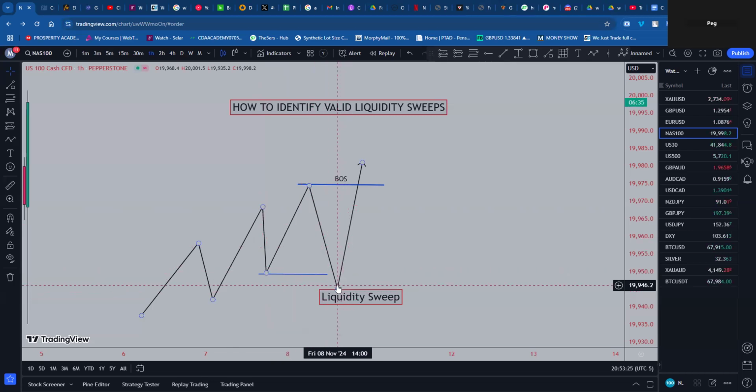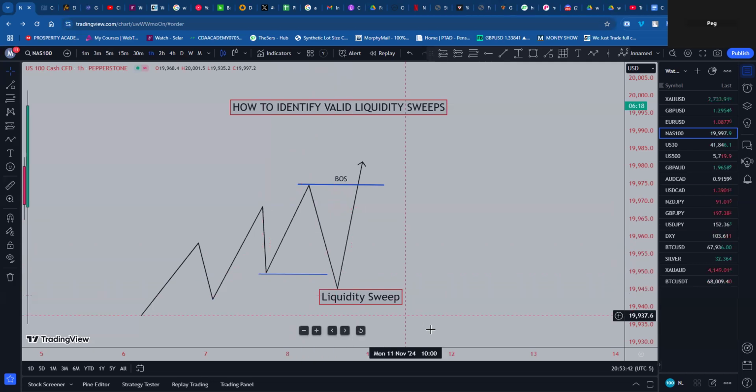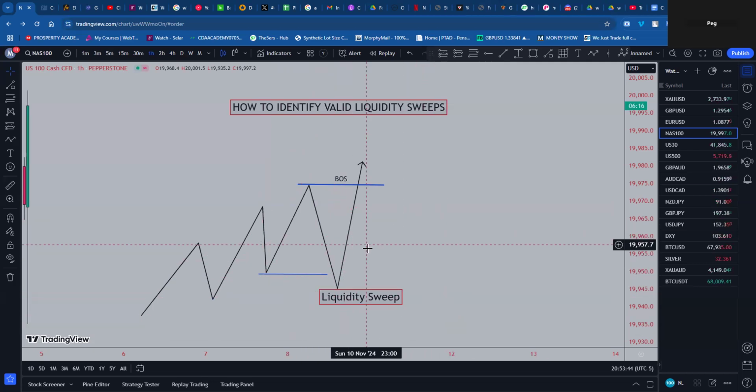So many times after pushing below it, it goes up again and closes above it. Many traders will say this is a fake out, because they were expecting price after breaking this swing low to continue to the downside, make lower highs and lower lows and start a downtrend. But instead of doing that, what does price do?